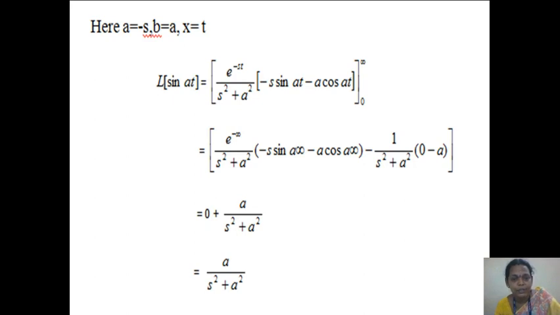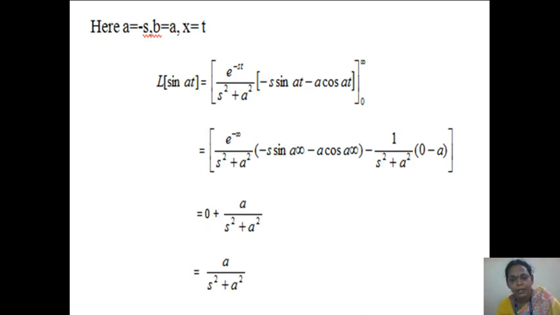We get L of sin at is equal to e power minus st divided by s square plus a square into (minus s sin at minus a cos at), to the limit 0 to infinity.